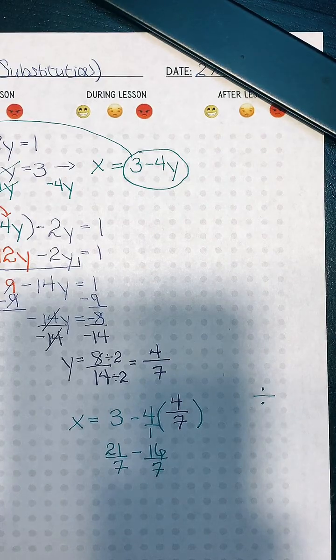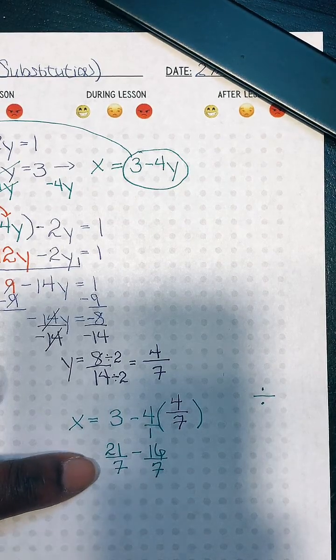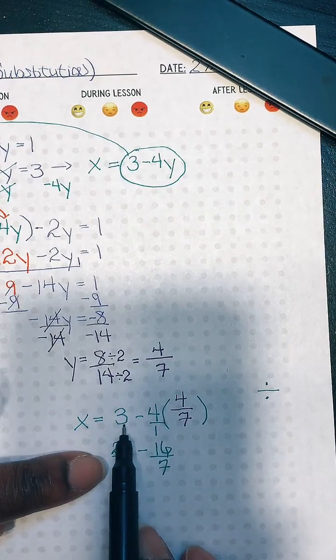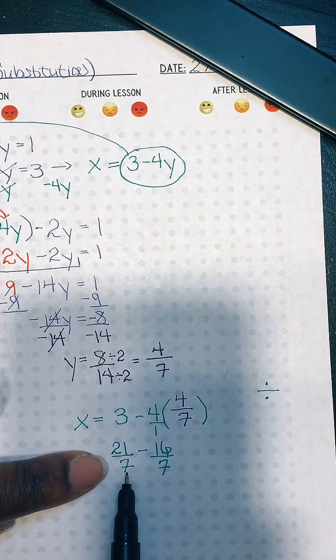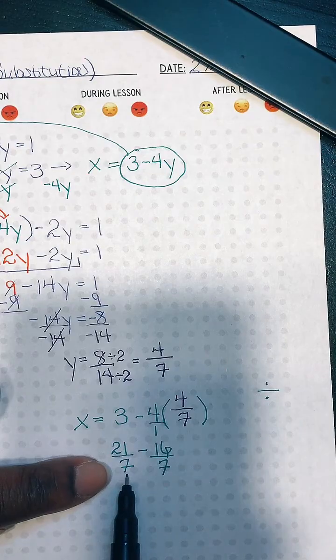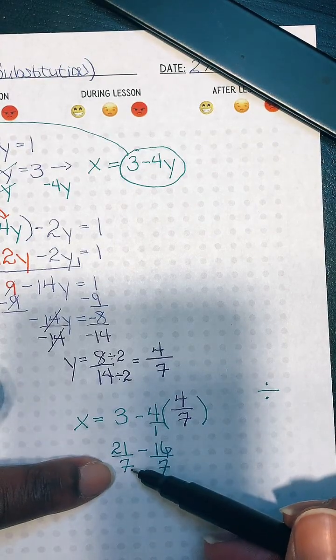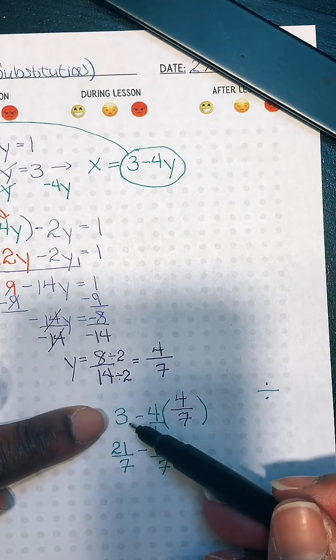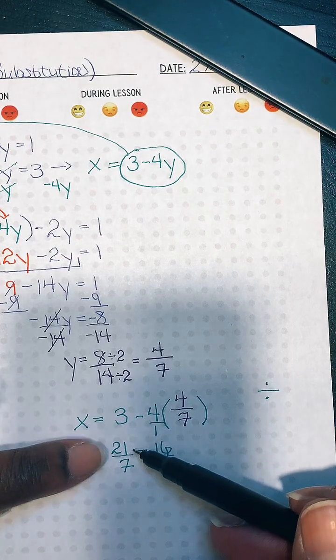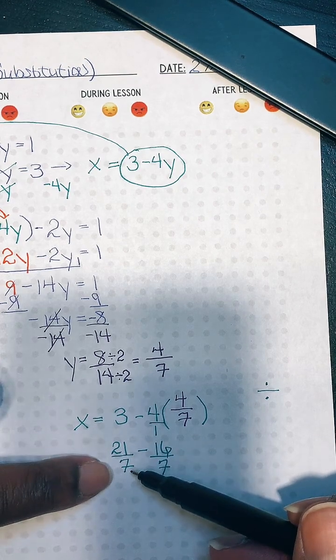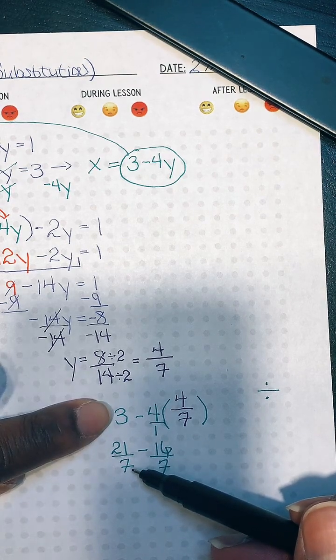Wait, how did you get 21 again? Not a problem. So I need to convert this 3 into a fraction where the denominator is 7. So I had to think, what divided by 7 will give me a whole number of 3? It's going to be 21, because 21 divided by 7 gives me 3.